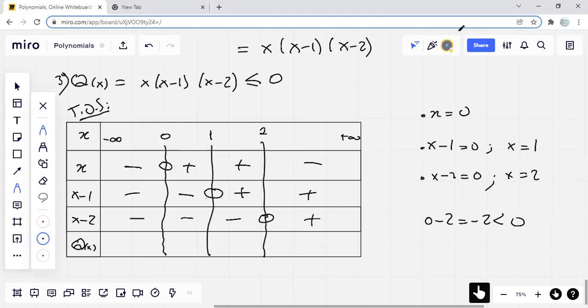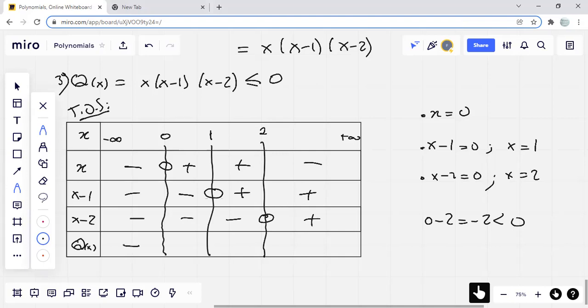Okay, now these are the factors, and they are multiplied by each other. So to find the sign of q of x, what must we do? We must multiply the signs together. Minus times minus is plus, times minus, it is minus. So here in the first cell, we will have a minus.